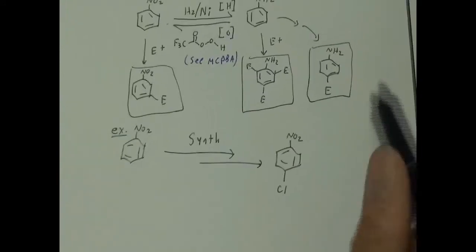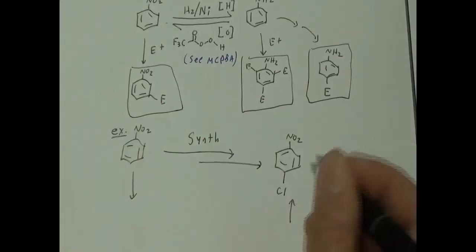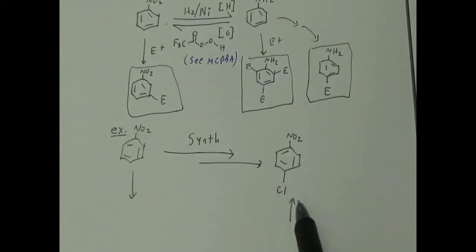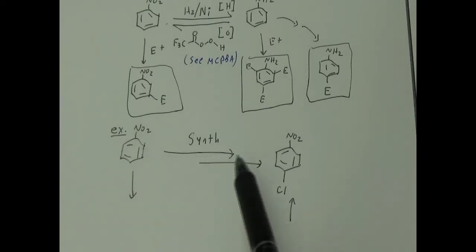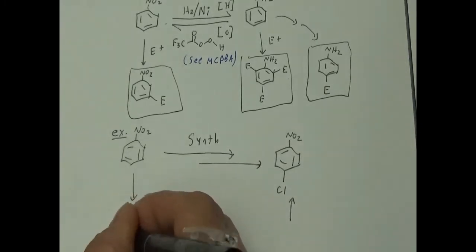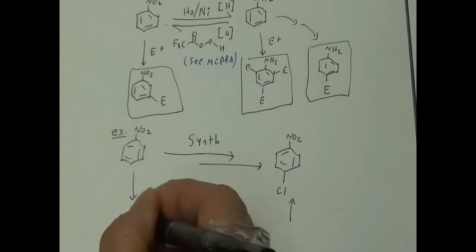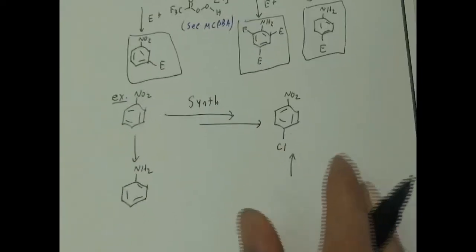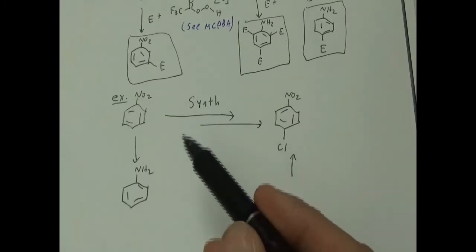Okay? So what's the first step? And what's the last step? I don't know. We can kind of figure out what the first step is. We can figure out the last step. We can kind of work our way back. First thing is that's a meta director. That's a problem, right? I'm kind of combining forward synthesis and retrosynthesis. Okay. Probably do a reduction. How do you reduce nitro to NH2?